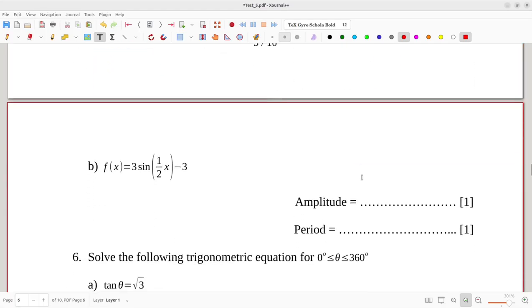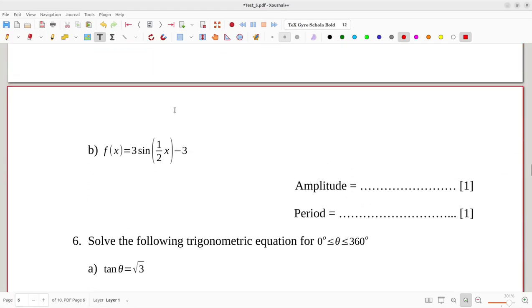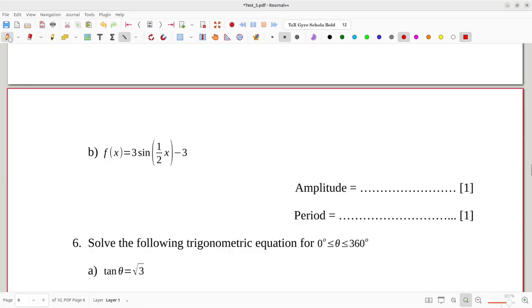Next, still we want to find the amplitude. Amplitude is nothing but the number placed before the ratio. So this one here, the amplitude is 3. And then the period, we say take whatever is in this bracket and equate it to 360.